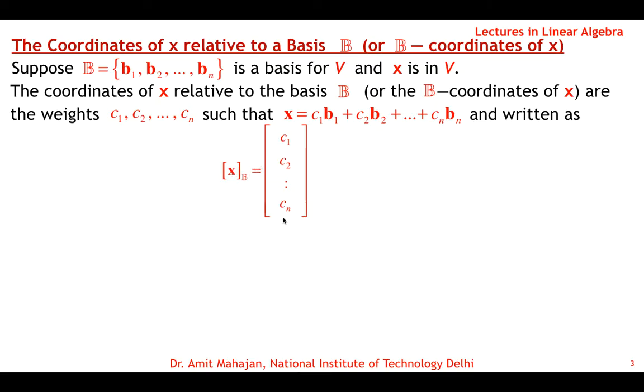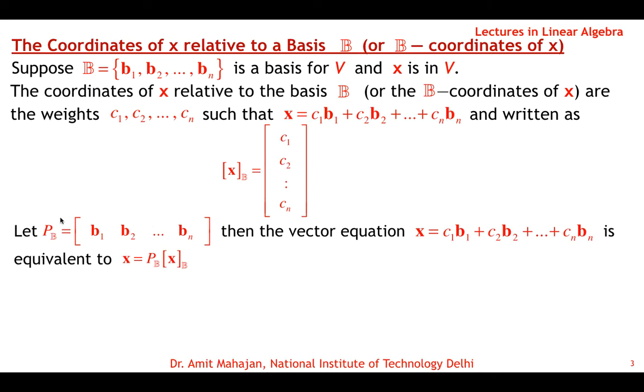It contains the weights c1, c2, cn. So if we write this, that means the vector x can be written as a linear combination of basis vectors b using these weights c1, c2, cn. So x equals c1 times b1 plus c2 times b2 plus so on, cn times bn. Exactly this equation is true.